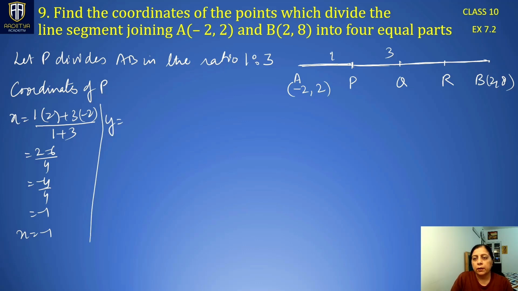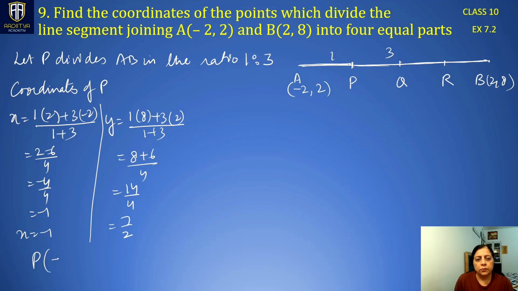Y becomes 1 multiplied by 8 added to 3 multiplied by 2, divided by 1 plus 3. We have 8 added to 6 by 4, which is 14 by 4, that is 7 by 2. So the coordinates of P become minus 1 comma 7 by 2.